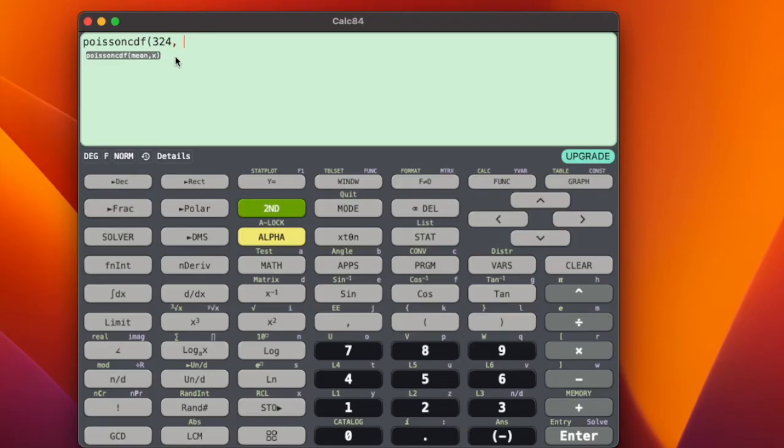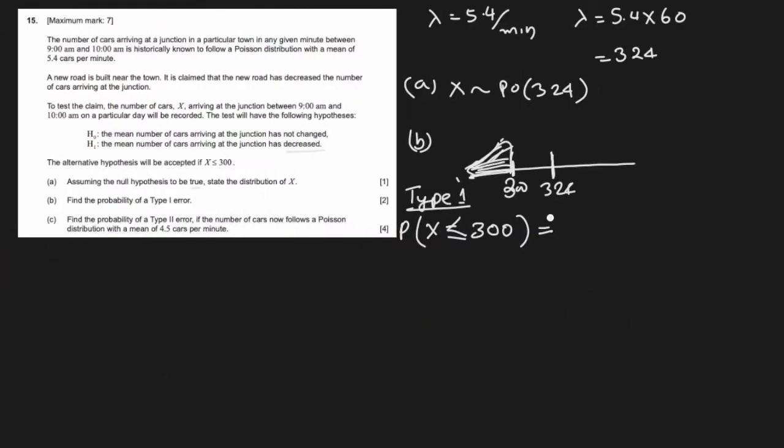But we want less than 300, so automatically whatever number I put here, that will be less than this, and we already got it: 0.0947. So this will be the probability. 0.0947. That's for type 1 error.